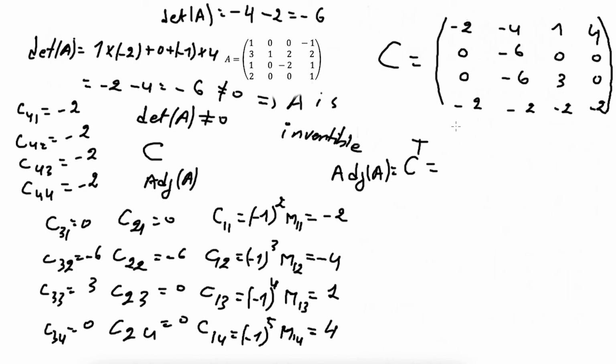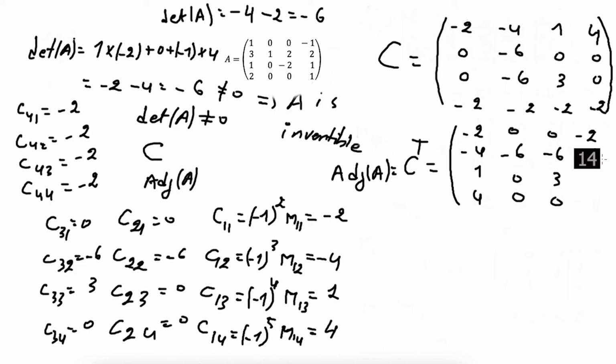So the transpose of this matrix is, this first row here will be the first column, so it will be minus 2, minus 4, 1, 4, and 0, minus 6, 0, 0, and this row here, which is 0, minus 6, 3, 0, and this row here will be the last column here, minus 2, minus 2, minus 2, minus 2.